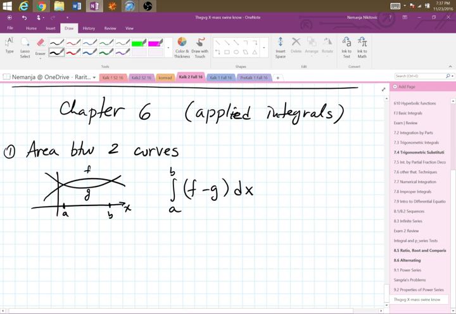And we also have, maybe in blue on the side, c to d of f minus g dy version, right, when these are in terms of y.